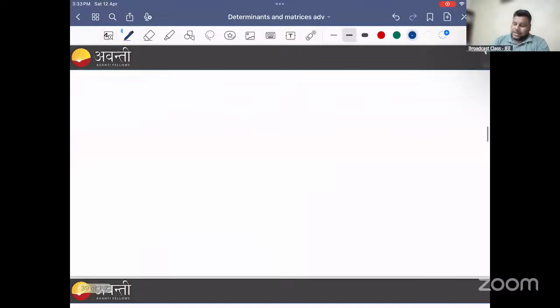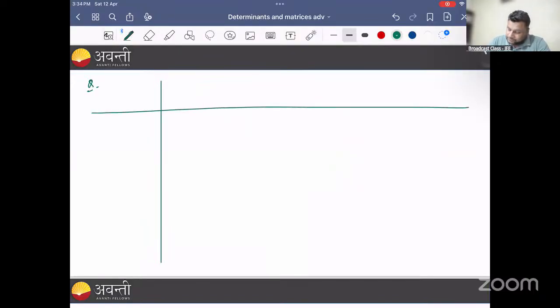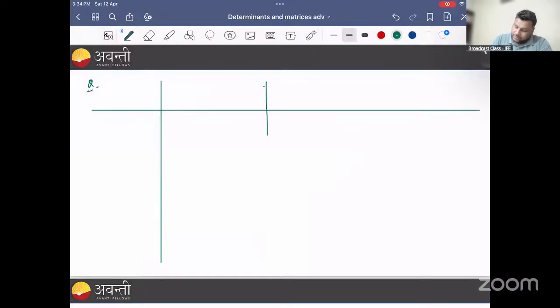Now see, there are certain kind of questions which are important as well as thought-provoking also. The question is, I'm going to make a table. So we will fill that table thoroughly. Say this is the case.